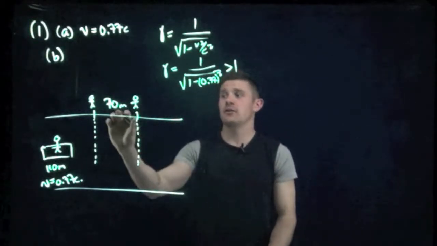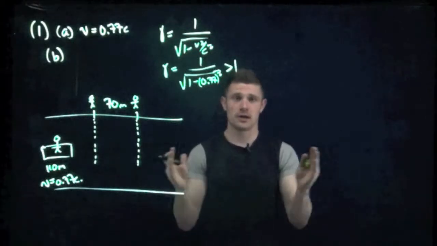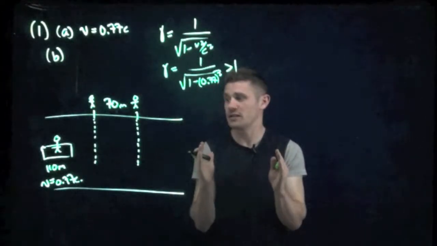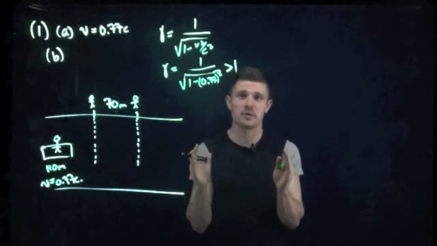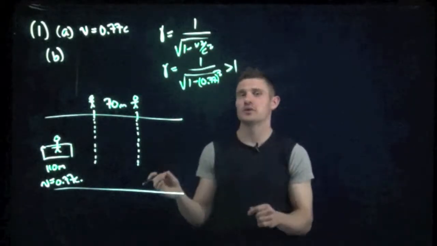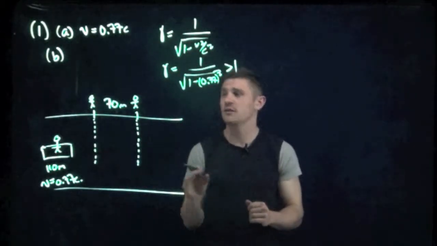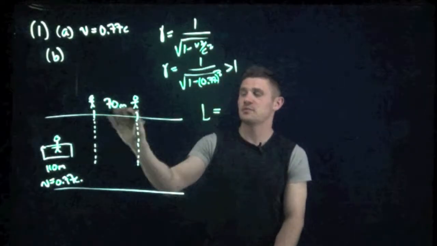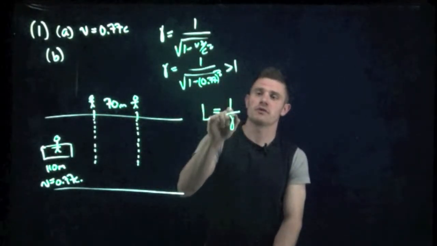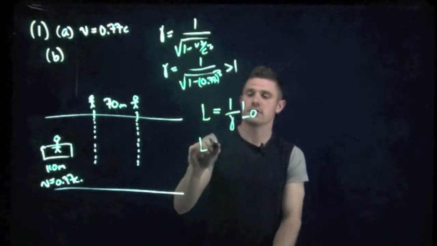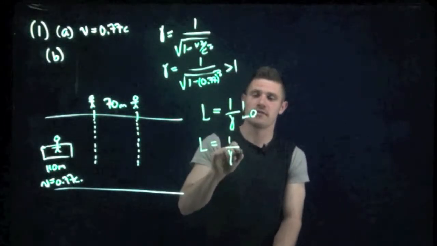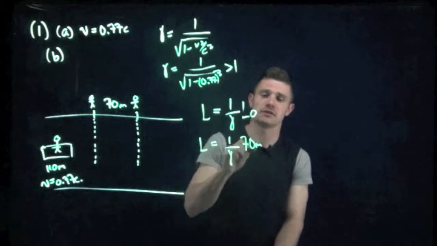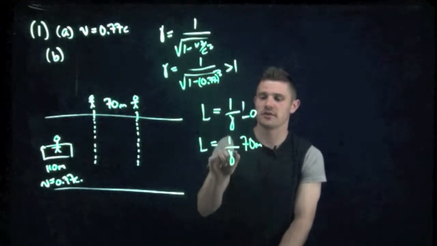So even though they are the ones that observe her spaceship to be contracted to 70 meters, she will also observe them contracted in length. So she will observe the distance between them to be equal to 1 over gamma times their rest length. So their length will be 1 over this gamma factor multiplied by 70 meters. And you can check in the solutions what that actual value is.